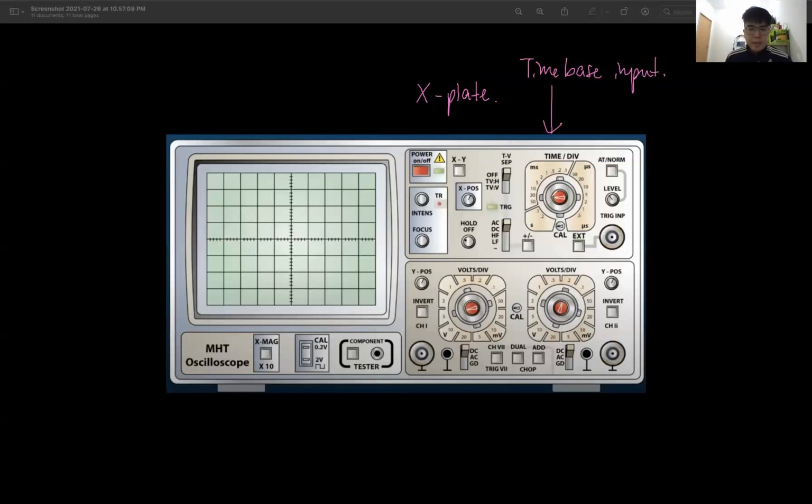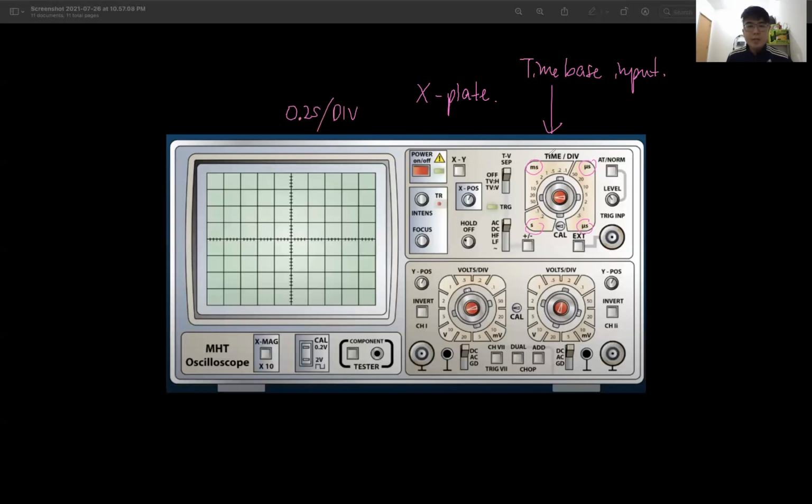You see, there are many scales here: second, millisecond, microsecond. Okay, so let's say if I put it to 0.2 second. This is the norm. I adjust it pointing at 0.2, meaning that my time base is 0.2 second slash division.